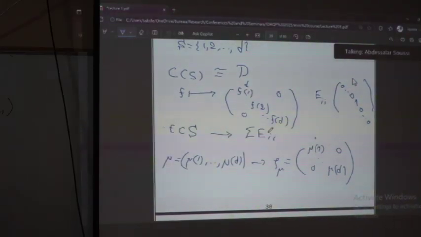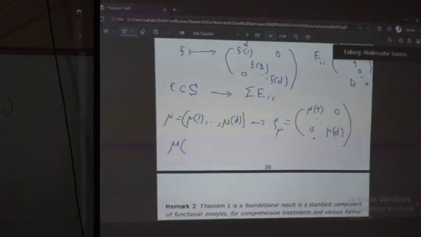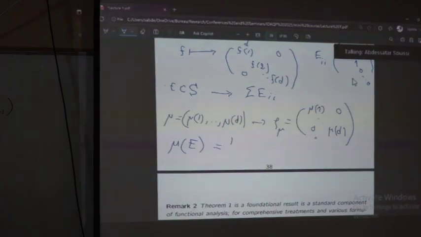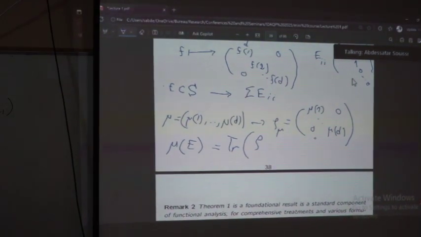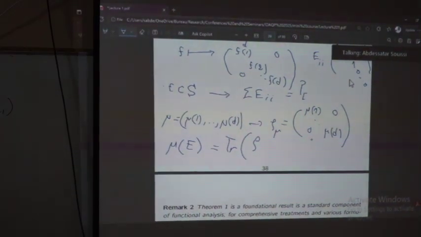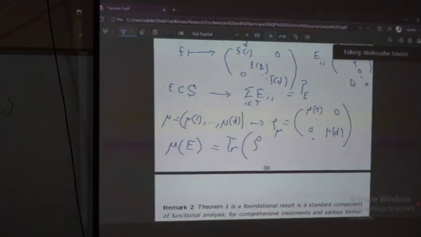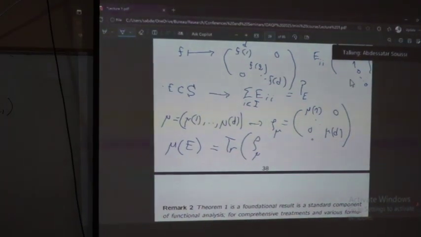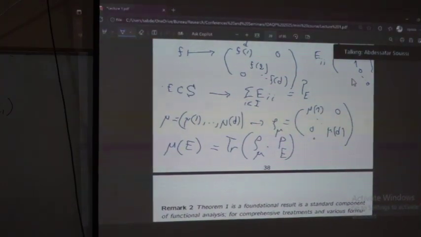And now we can see that the mu of E of the F is exactly the trace of rho mu times P, which becomes a state.